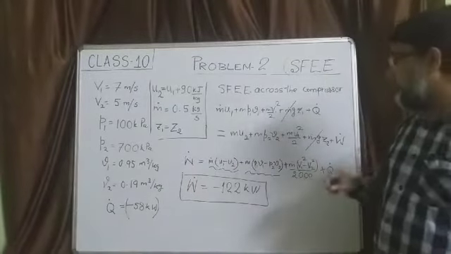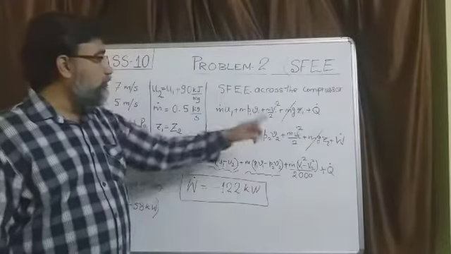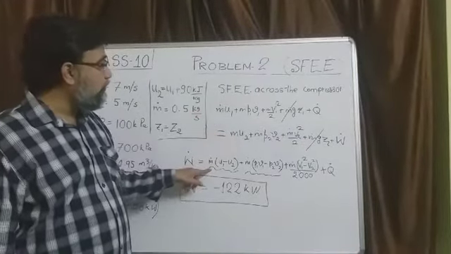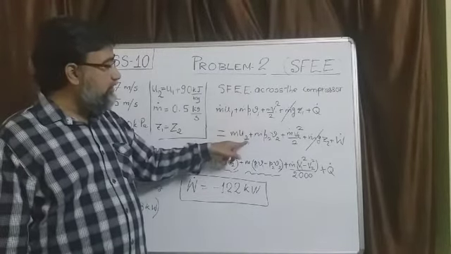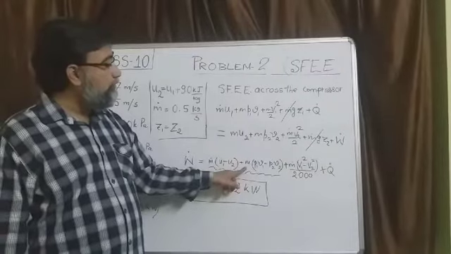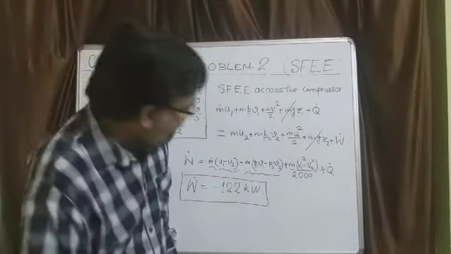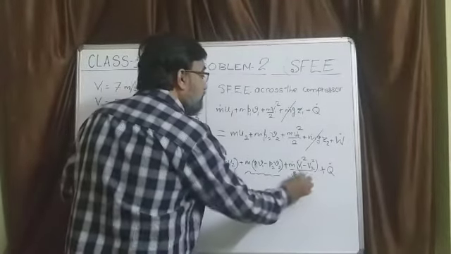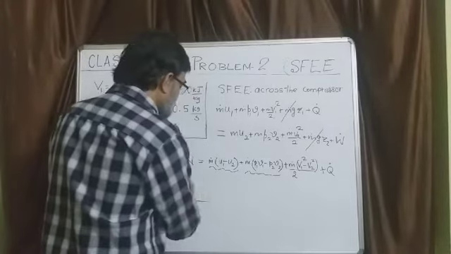W dot will be equal to m dot u1 minus m dot u2, so m dot (u1 minus u2), then m dot (p1 v1 minus p2 v2), then m dot (V1 square minus V2 square), and then you have your Q dot.